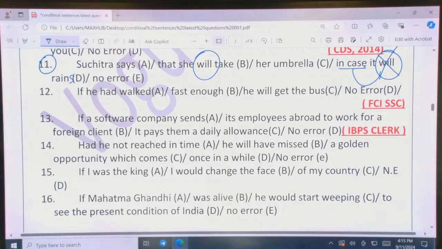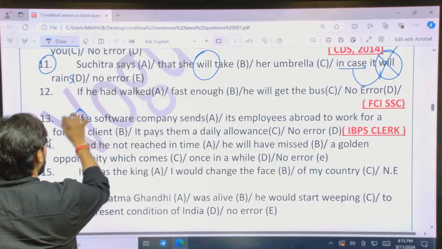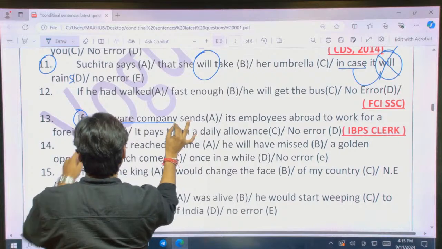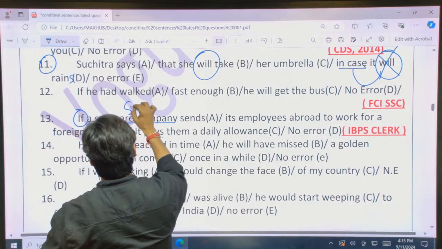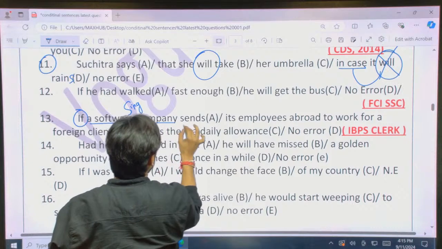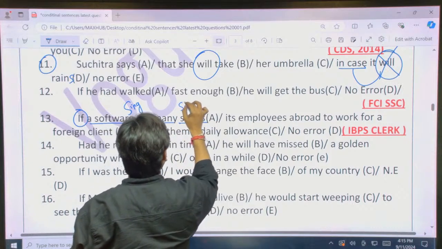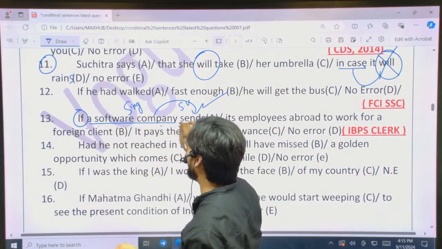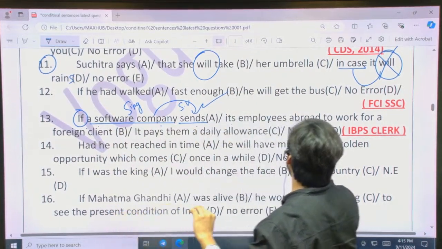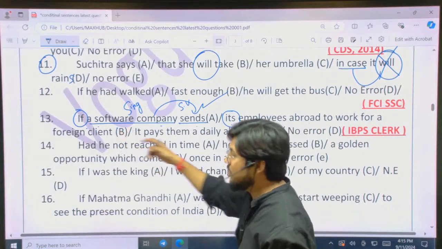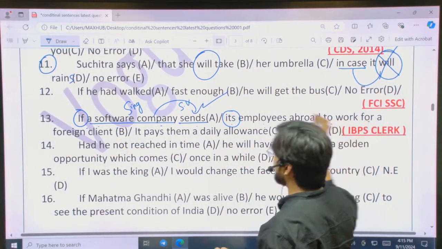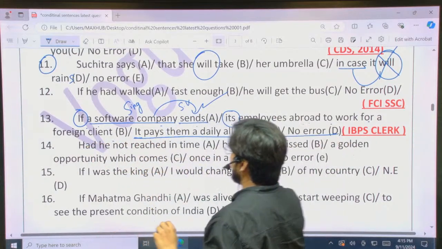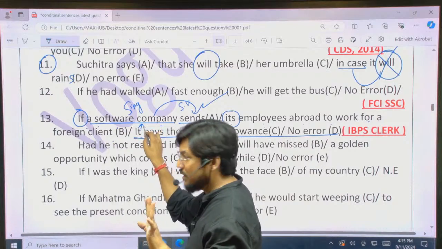Just come to the point. If is coming, which means this is your if clause. A software company means we are talking about a singular noun or singular subject. Sends is a singular verb, so this is correct here. If a software company sends its employees, it has been used for the company, abroad to work for a foreign client. Now the main clause is this. It means we are talking about the company.